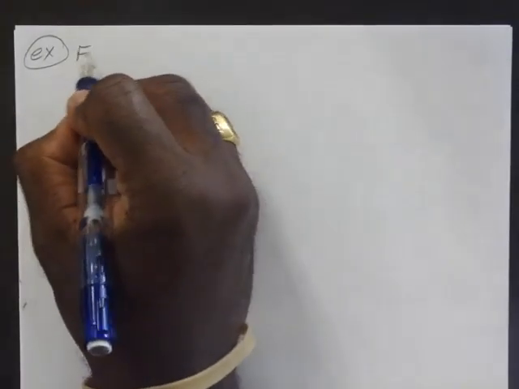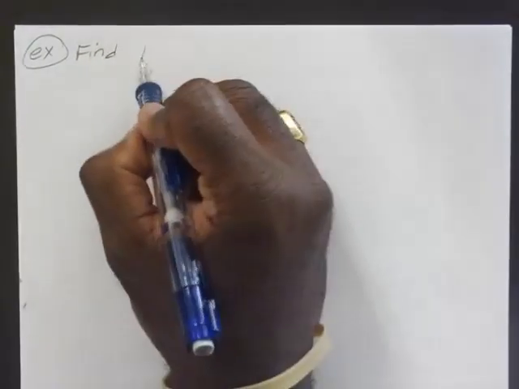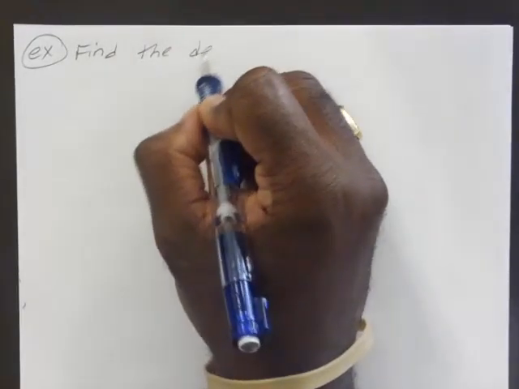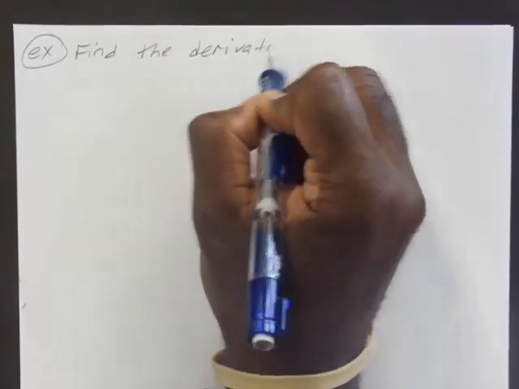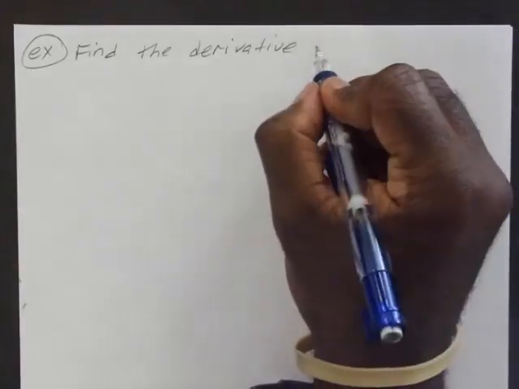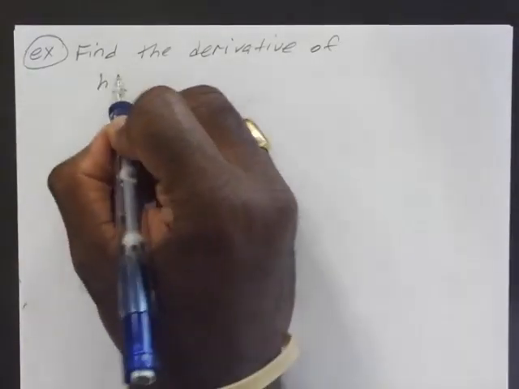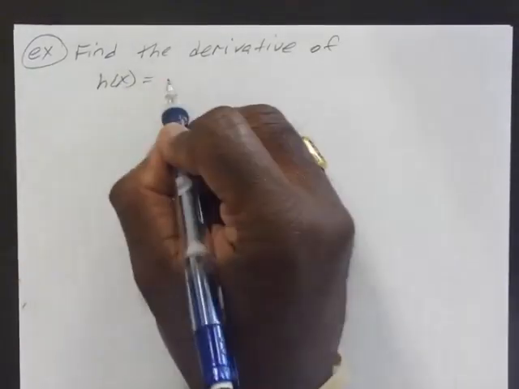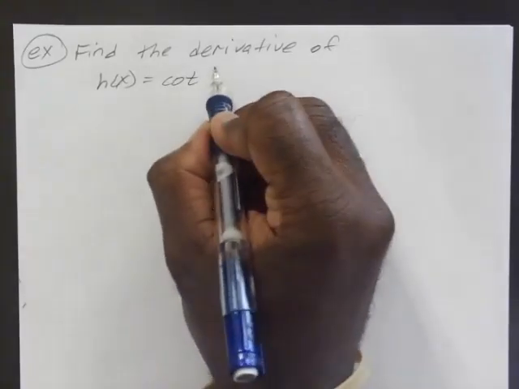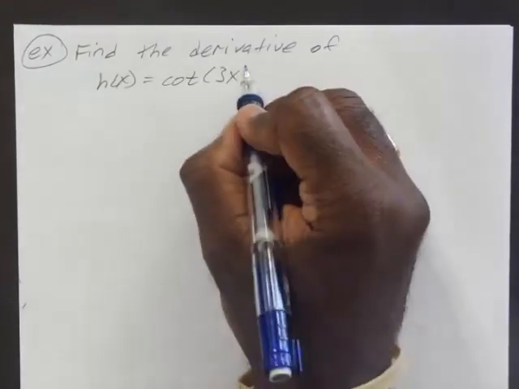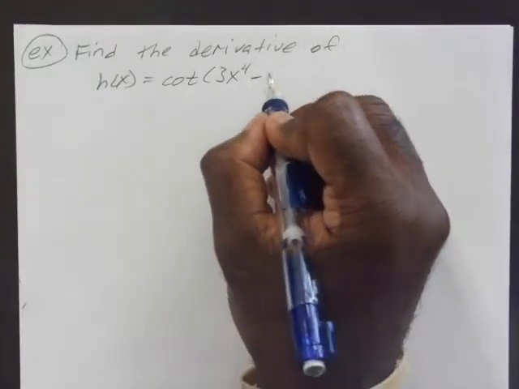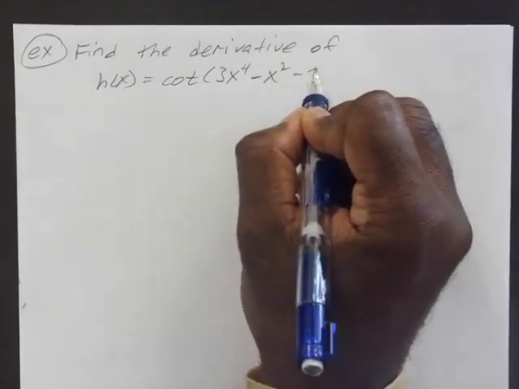So let's say, for example, if we wanted to find the derivative of h of x is equal to cotangent of 3x to the 4th power minus x squared minus 1.